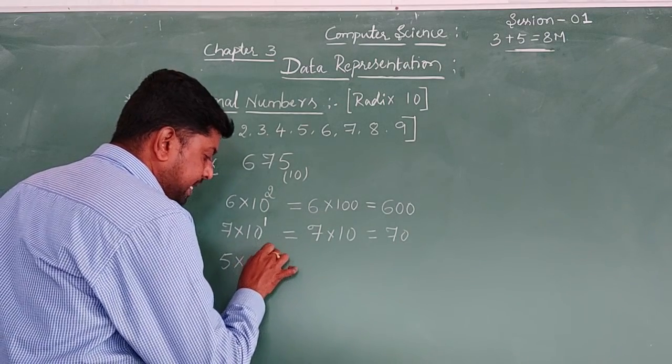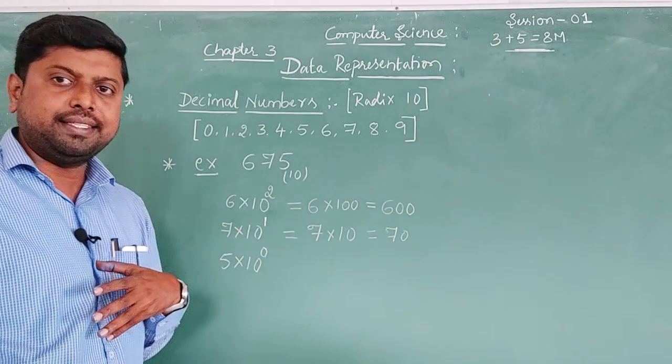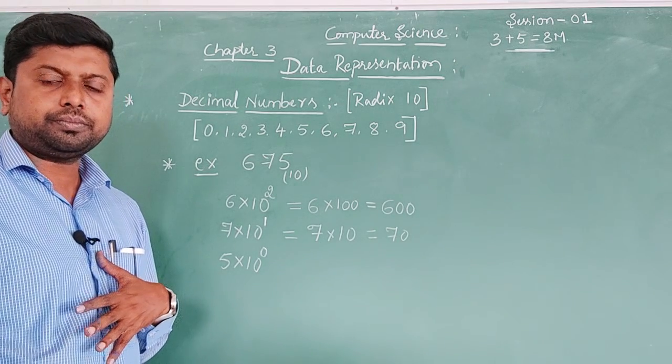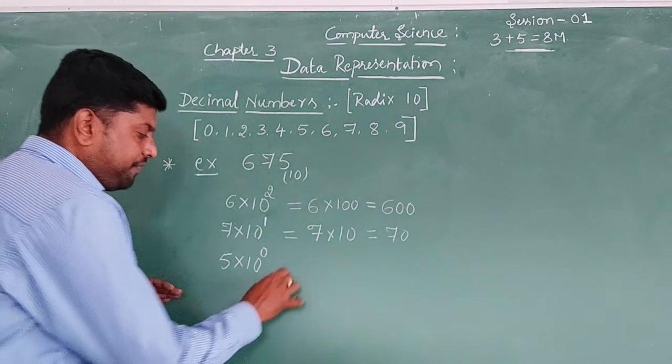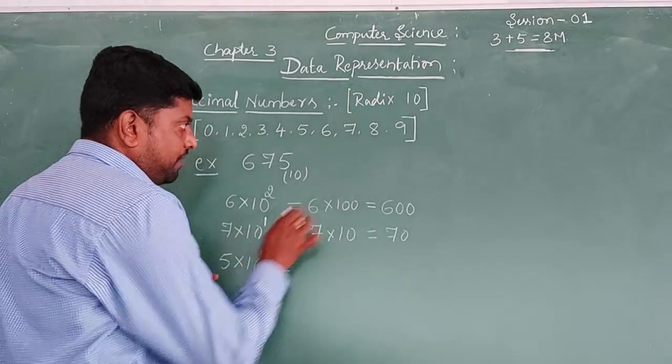Then, coming to the last digit, that is 5 into 10 to the power of 0.